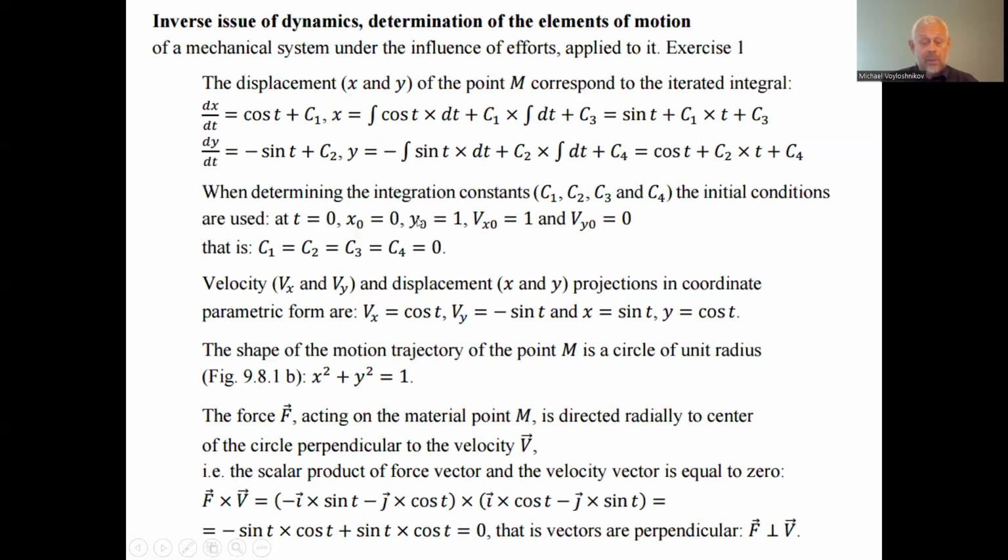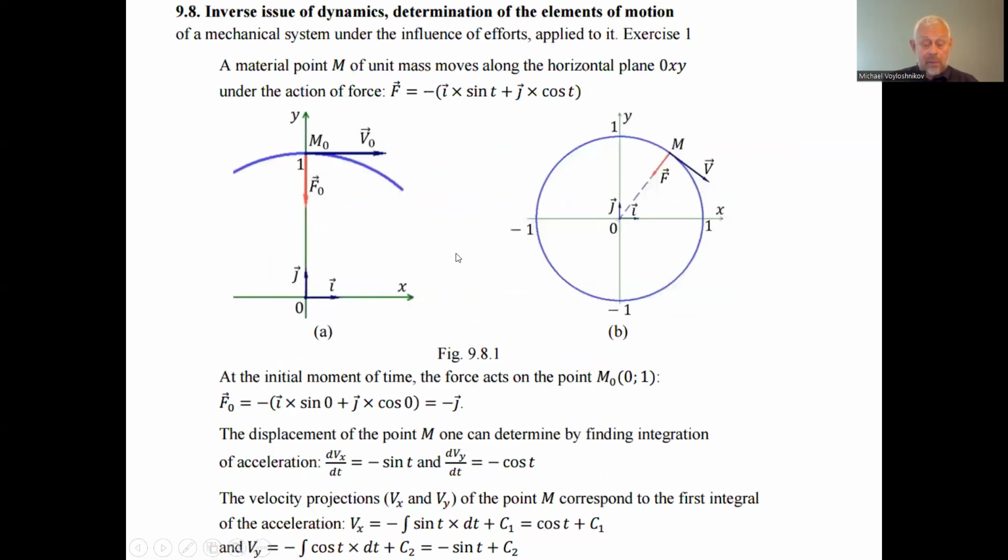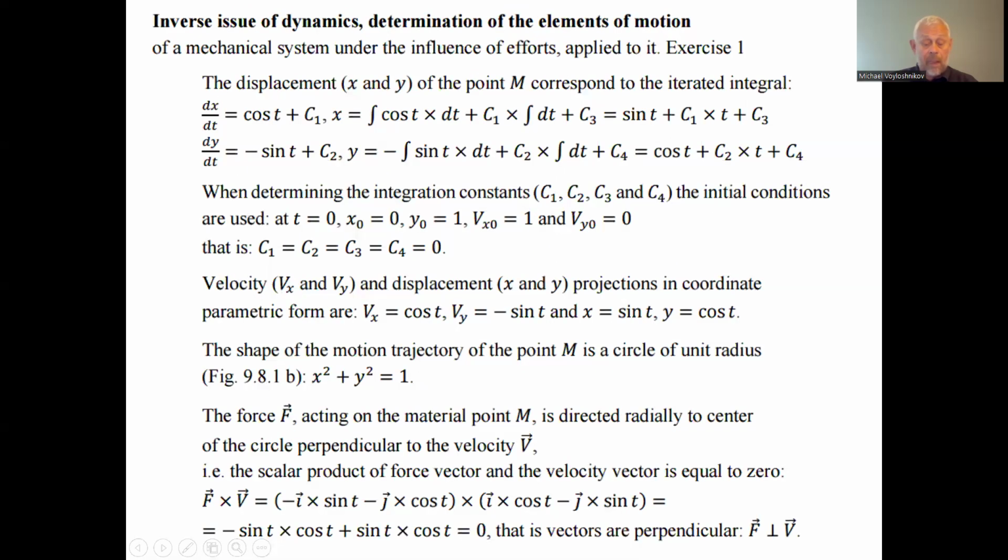After finding these constants, C1 and C2 are 0, so Vx will be cosine t and Vy will be minus sine t only. After substituting the force and the velocity into the equation of the scalar product, after opening the brackets, we can find that the scalar product is equal to 0.